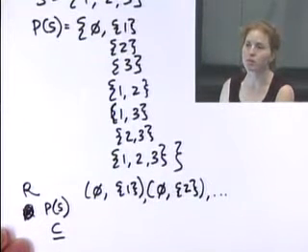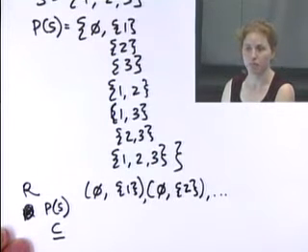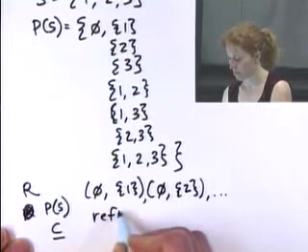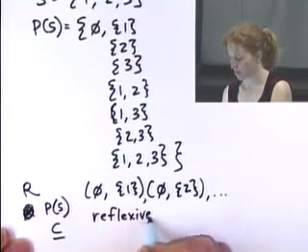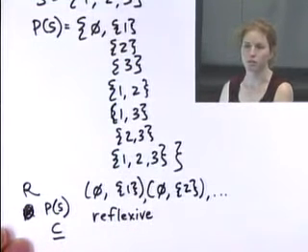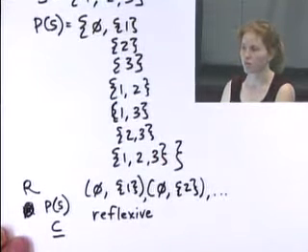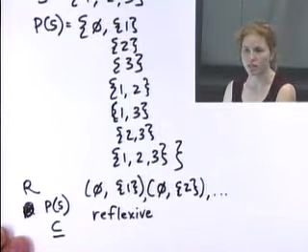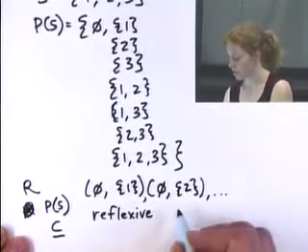But we know the subset relation is reflexive, right? A set is always a subset of itself. Is this symmetric? It's not symmetric because the empty set is a subset of the set containing 1, but the set containing 1 is not a subset of the empty set, right?